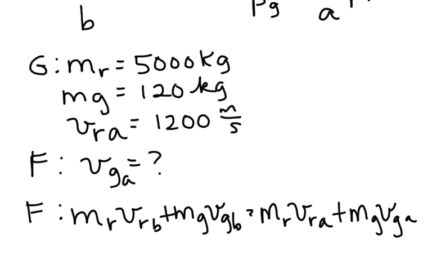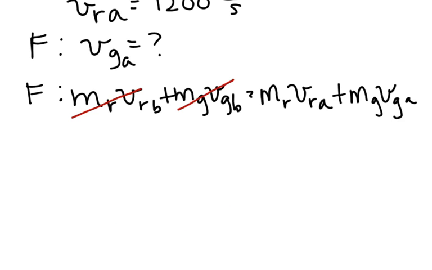So the velocity of the rocket before and the velocity of the gas before, those are zero, and these terms just cancel out. And then what I would like to do is subtract the mass of the gas multiplied by the velocity of the gas after on both sides.